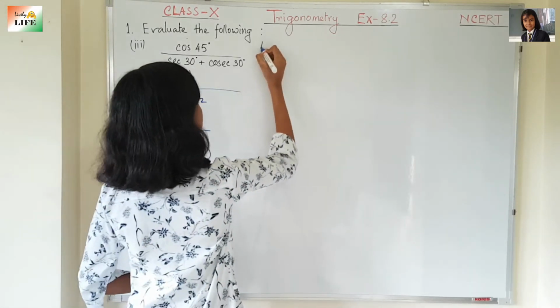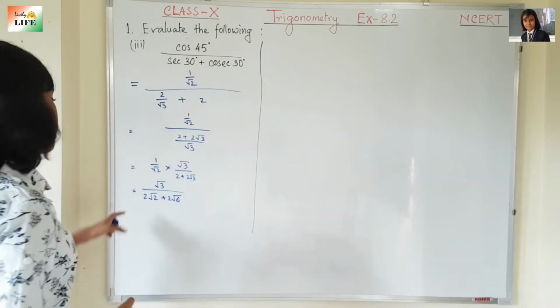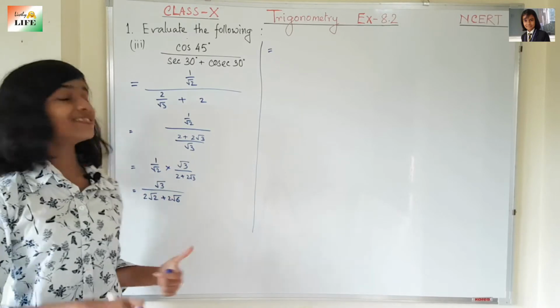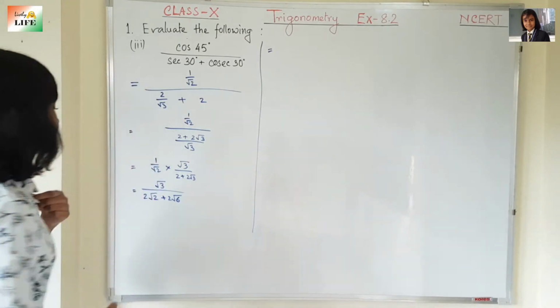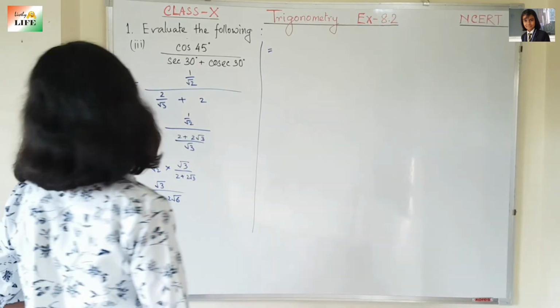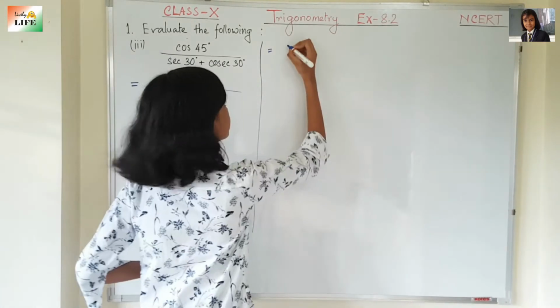So now what are we going to do? We are going to multiply this with 2 root 2 minus 2 root 6. Okay, we're going to multiply root 3 with 2 root 2 minus root 6, and this also with 2 root 2 minus 2 root 6.